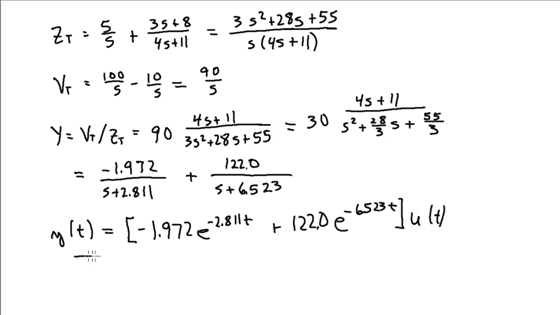You'll see here that y of t is actually going to go to 0 after these terms decay away. They're decreasing exponentials. So eventually y of t will become 0.